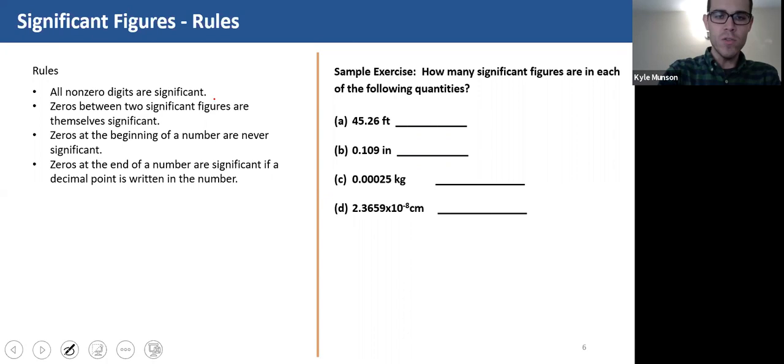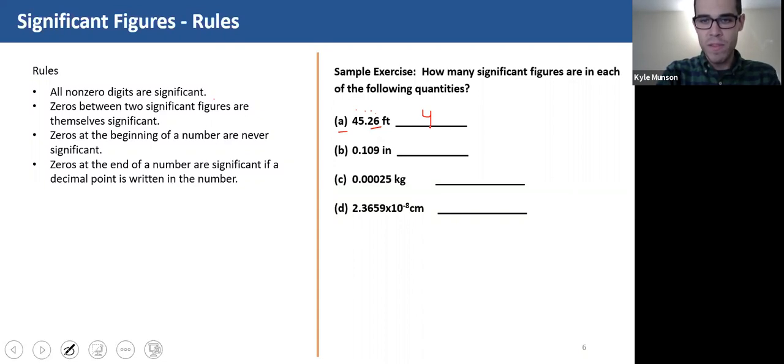From our first rule, if we look at this number, all non-zero digits are significant. So there are 1, 2, 3, 4 non-zero digits. They're all significant. This has 4 significant figures, okay? Let's look at the next example here. Remember from before that we start counting at the first non-zero digit.